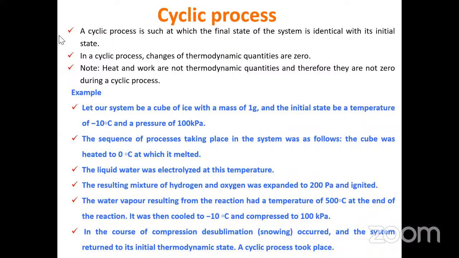So a cyclic process is one in which the final state of the system is identical with its initial state. In a cyclic process, changes of thermodynamic quantities are zero. If you subtract the initial from the final, you cannot find anything because it has gone back to the initial state. Everything is the same, initial and final, so it will be zero.